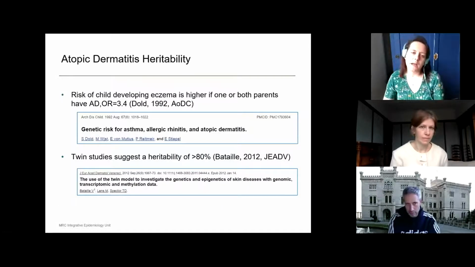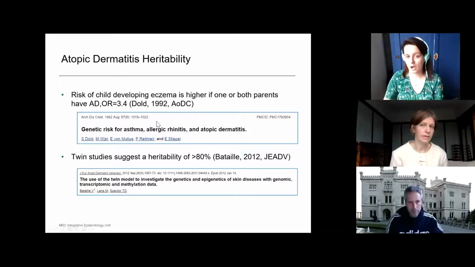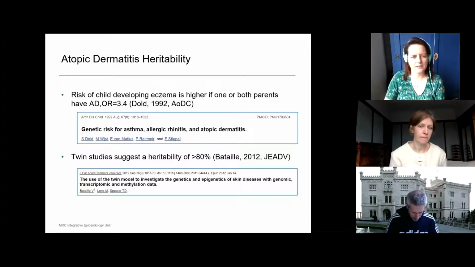In terms of atopic dermatitis, we know there's evidence for it being highly heritable and likely to be influenced by these kinds of variants. I've put 2 bits of evidence up here on the slide. Both are from family studies.